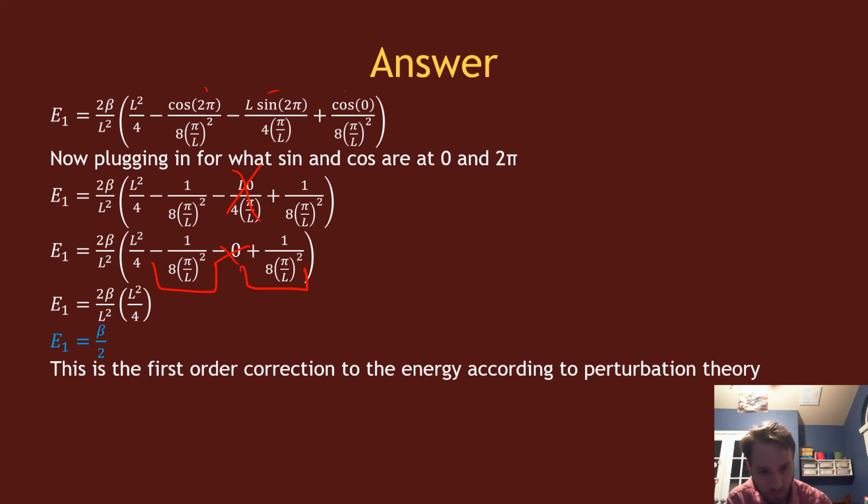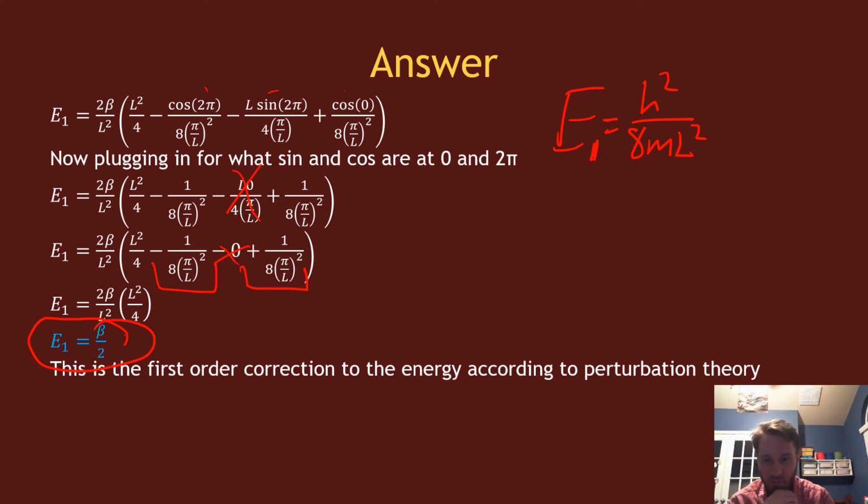So E1, once everything simplifies out, is actually just beta over 2. A very simple looking thing. It starts off kind of ugly looking, but simplifies down to just beta over 2. And so my total energy, according to perturbation theory, if I go to the first order correction only, would be, for the ground state, h squared over 8 L squared, because n equals 1.